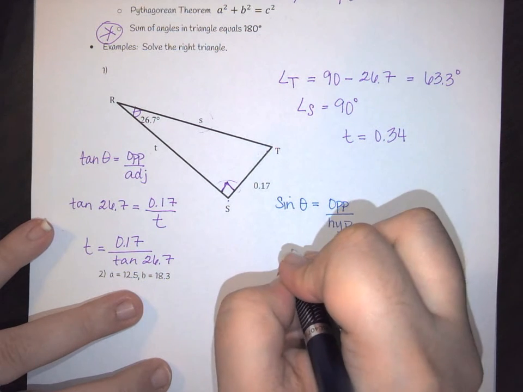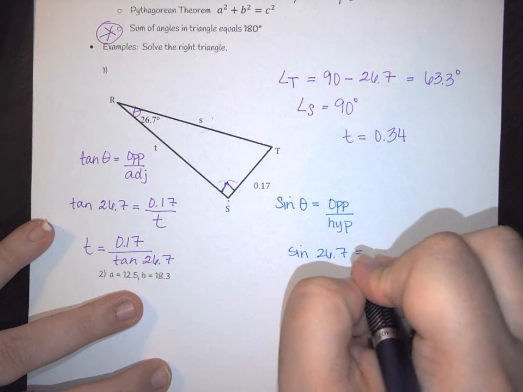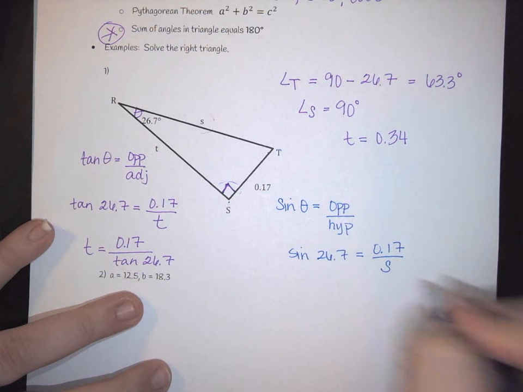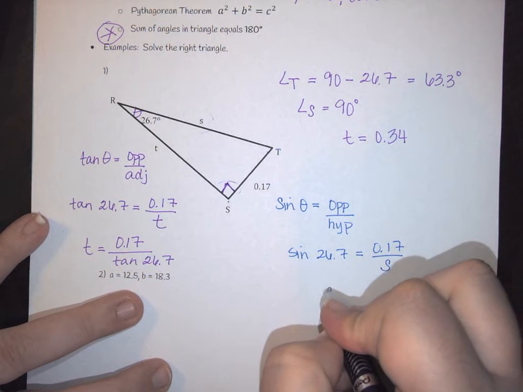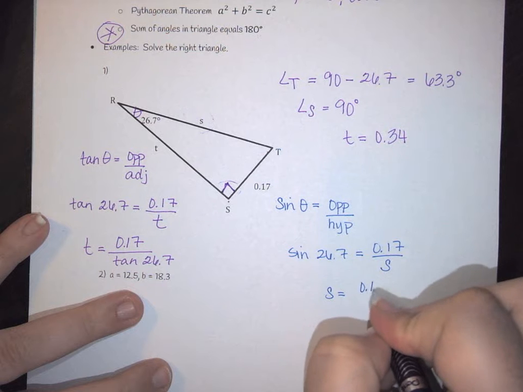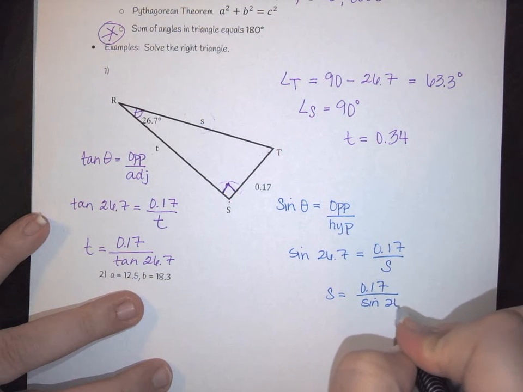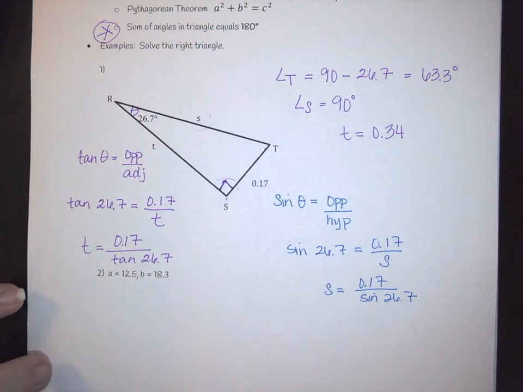So here this would be the sine of 26.7 is equal to 0.17 over my S. Again, we're going to do the same thing. S is going to equal 0.17 divided by the sine of your angle, 26.7. And in doing so, we should come out with our S value.